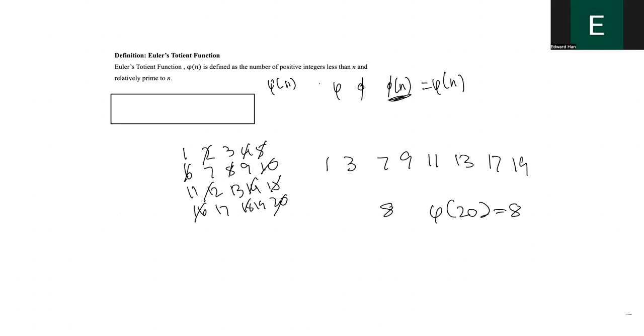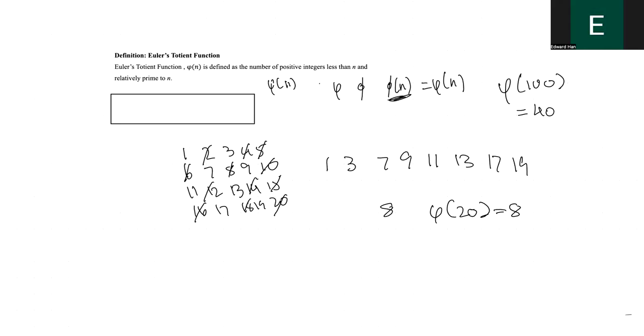Okay, so if you already know Euler's theorem, or you're thinking about this, if you want to calculate phi of 100, which is equal to 40, it's going to take a very long time because you don't want to list every single thing out.